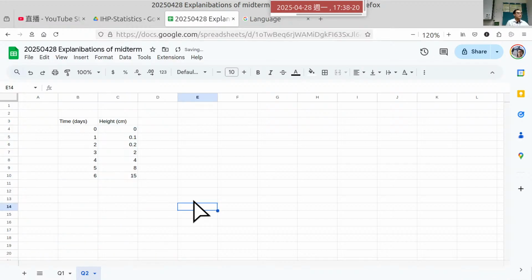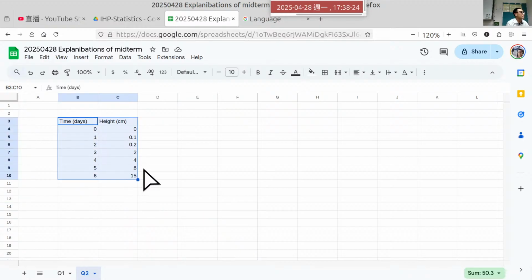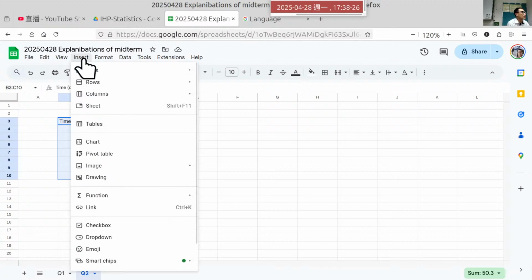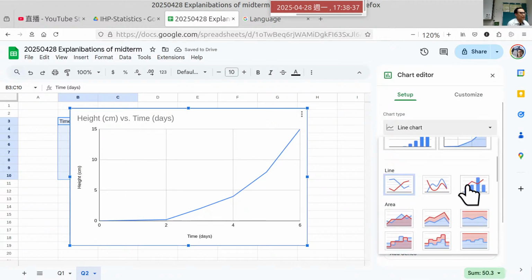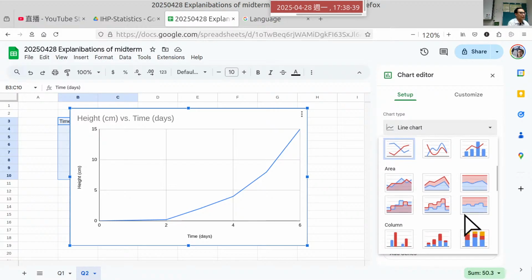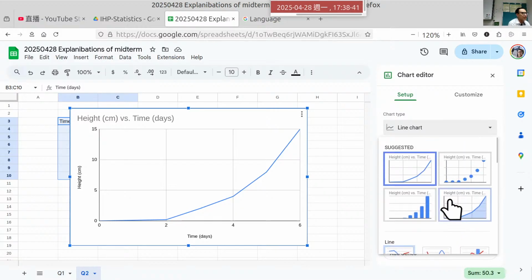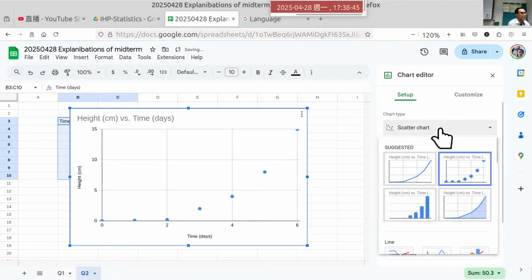Okay, now I have this, and now I select all of them, and insert chart. And now what I need is the XY scatter chart.